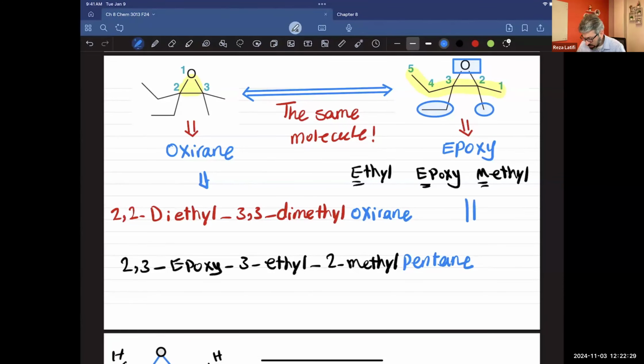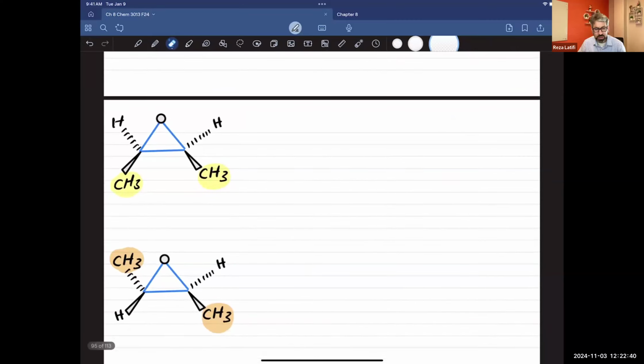Okay, another one. Forgive me, I forgot to erase this one. How do I name this compound? Again, we have oxirane, and we can use the oxirane to name it.